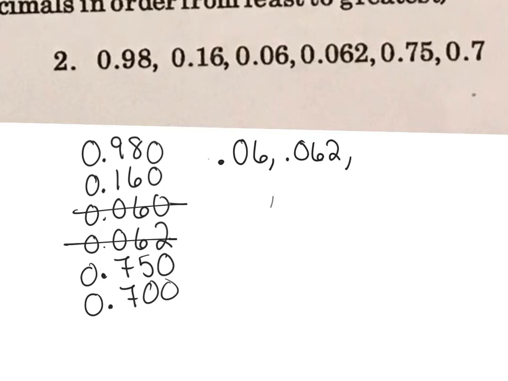Then once again, go back, look at your tens place. I have only 1 1, so this one has to go next because it's the smallest number. So you have the 0 and 1/600ths. So now we can mark this one out. Once again, look. Oh, we have 2 7s. Which one is greater? This one is greater, so this one has to come next, which was the 0.7 that we had to change.